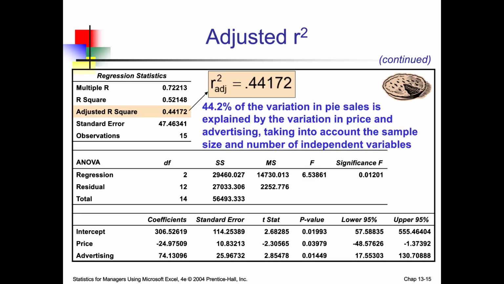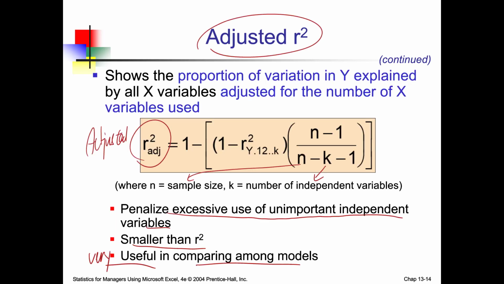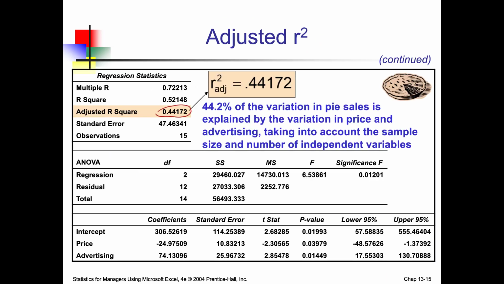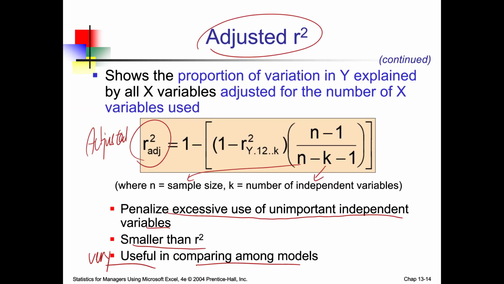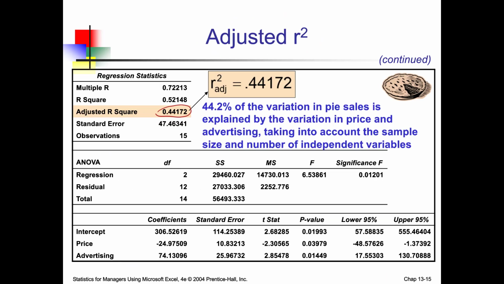Now, using the formula from the previous slide, we can get this adjusted R squared. You can also apply the formula to calculate it. There's no difference.